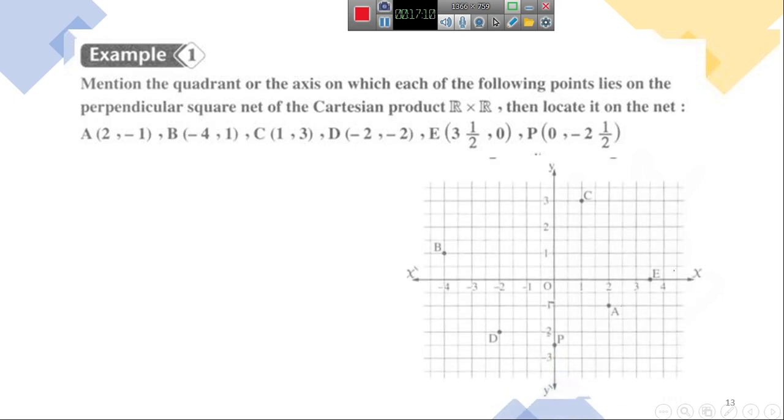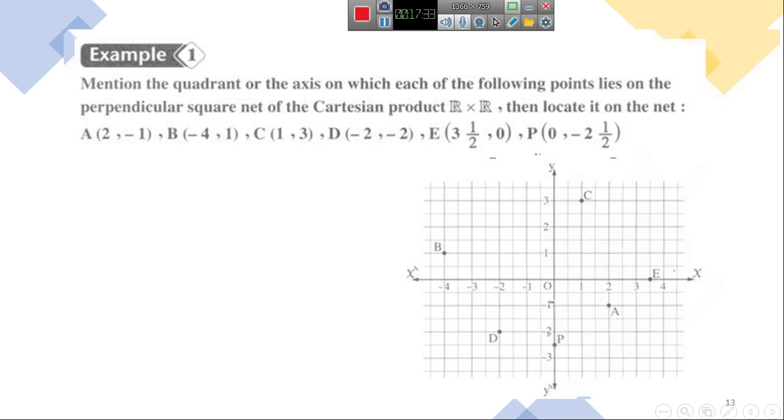To locate each of those points, we need to make the graph, x-axis and y-axis, the perpendicular square net. Here we know that the first coordinate represents the x-axis and the second represents the y-axis.